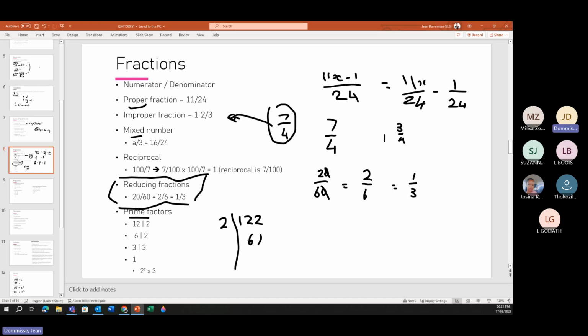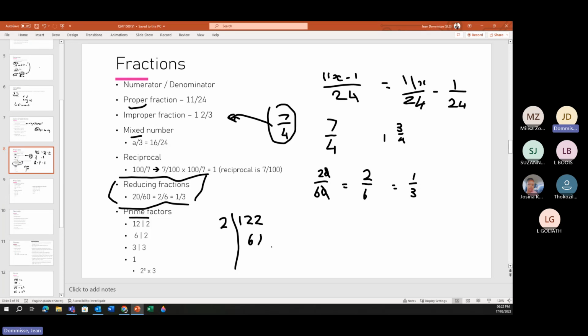I hope I didn't use a number that, what can 61 divide into? It's probably going to be a prime number. Come on. It looks like that is a prime number. 3 can't go in there, 4 can't, 5 can't, 6 can't, 7, 8, sure, 9, no, 10, no, 11.